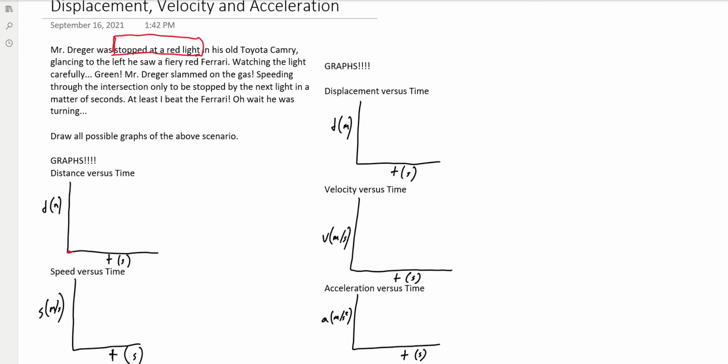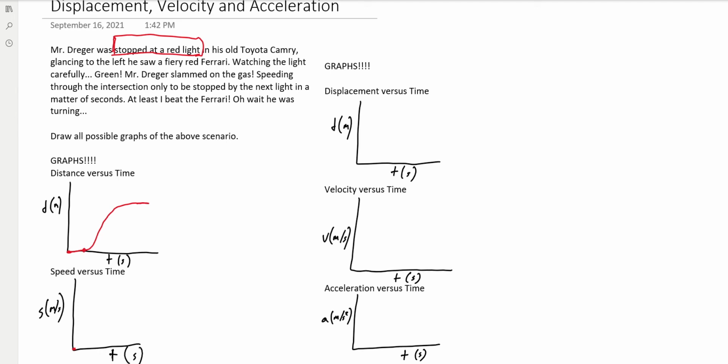And watching carefully, I'm not moving so the speed is also 0. But we're watching carefully until the light turns green. So maybe not moving for a while, and then the light turns green. Then I'm going to start to accelerate until I see the stop light, and then I'm going to slow down. And I'll be stuck there too.